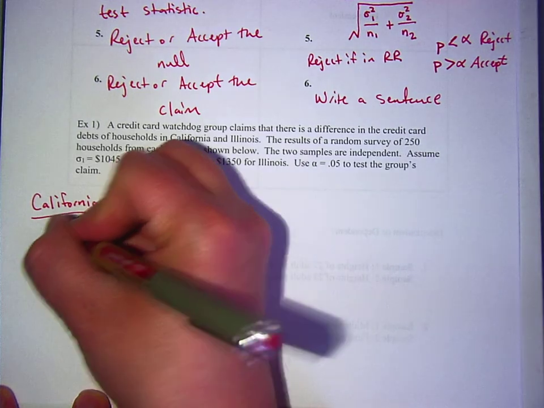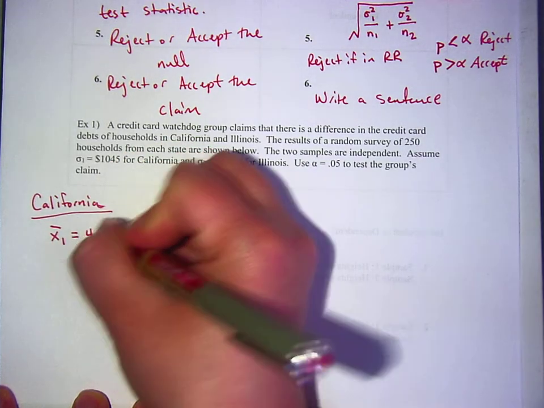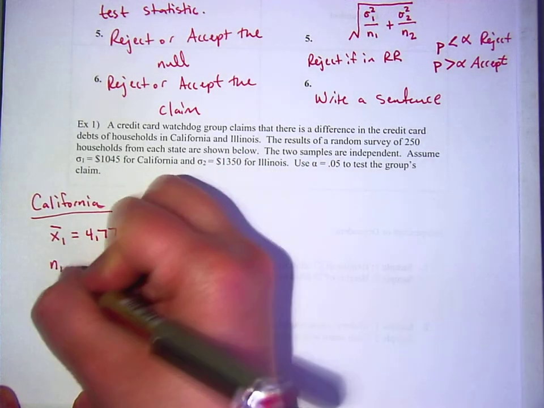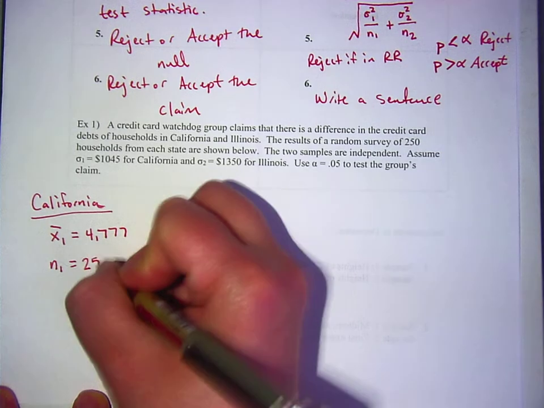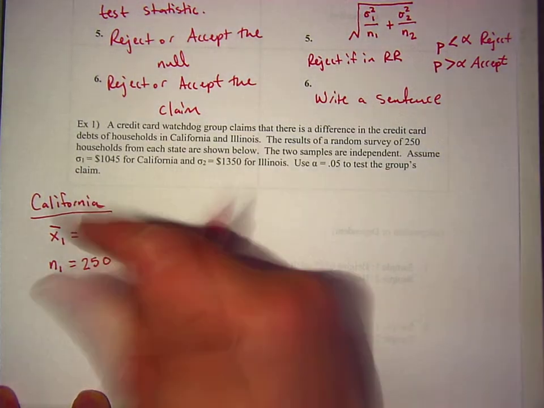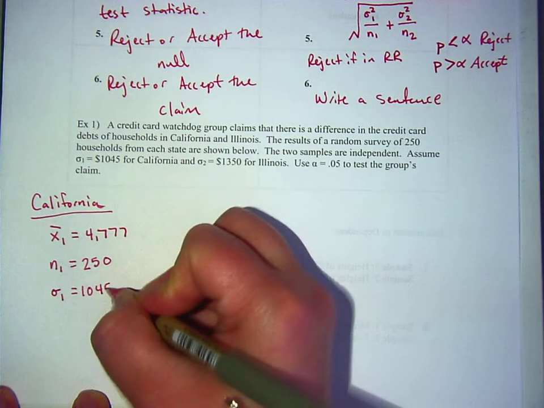California, the average credit card debt, x bar 1 we'll call California, is $4,777. They got data from 250 people. And it also says that sigma sub 1 is 1,045.